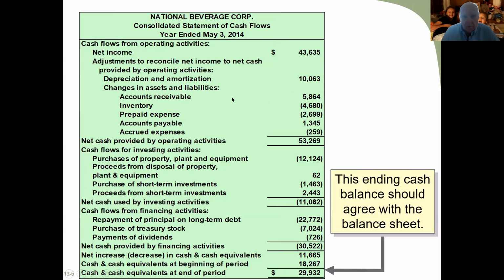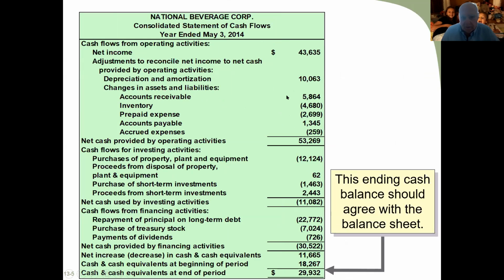Now we're going to go to our balance sheet, and we're going to look at all the current assets and liabilities that are operating. Accounts receivable, inventory, prepaids, accounts payable, accrued expenses. And you notice these numbers represent the difference at the beginning of the year as opposed to the end of the year. It represents the change in these assets.